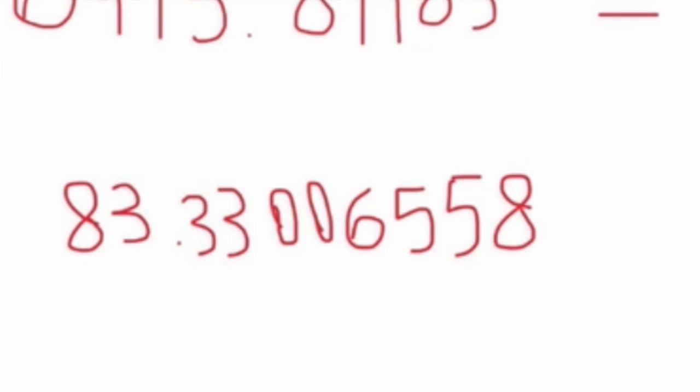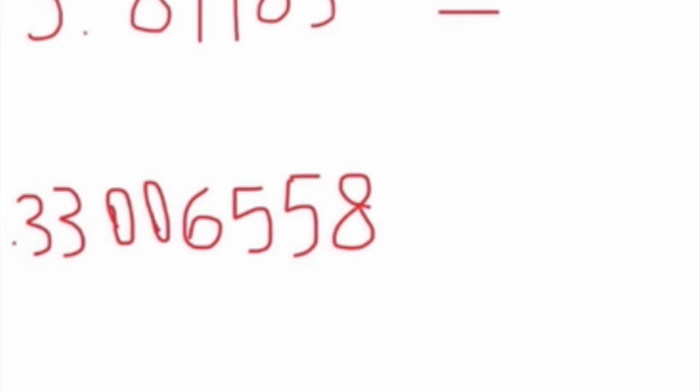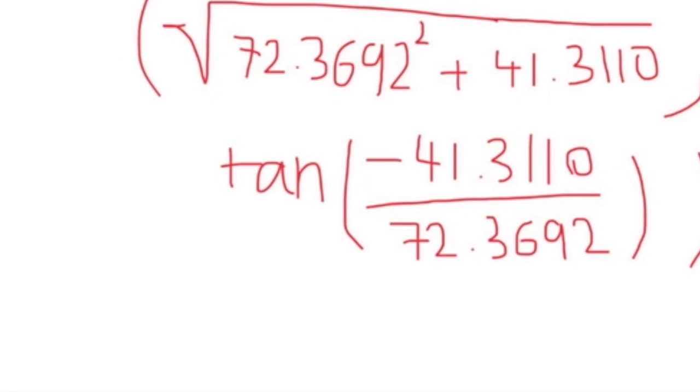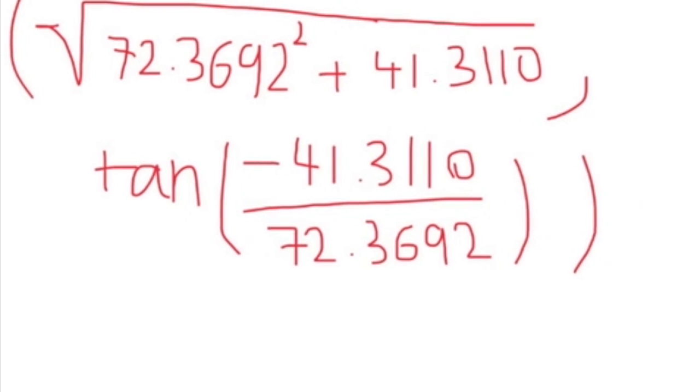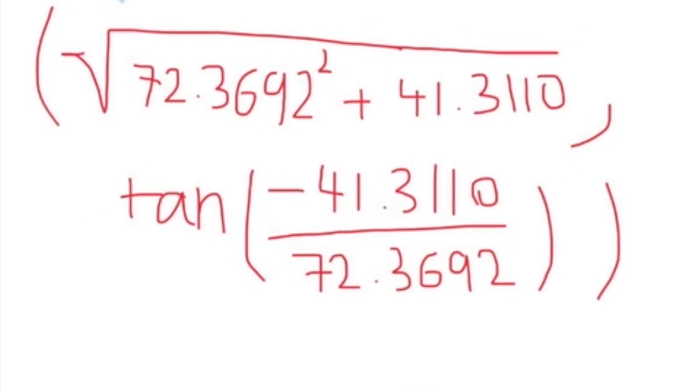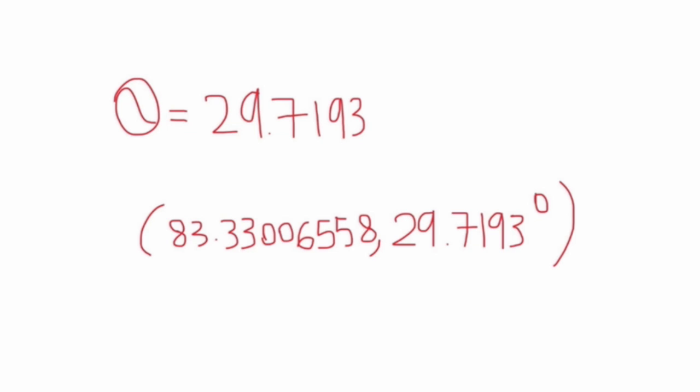That would be the distance of our ship from the meteor. For the theta value, we're going to have to do a little bit of trigonometry. Make sure your calculators are set for degrees. We would simply plug in the expression that Lavangi presented just a second ago, and we would get 29.7193 degrees.